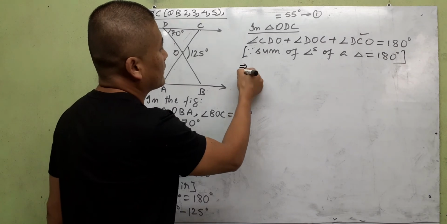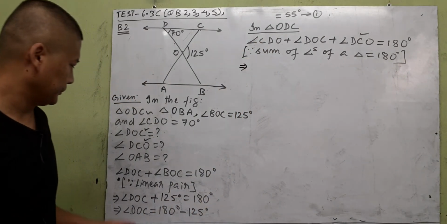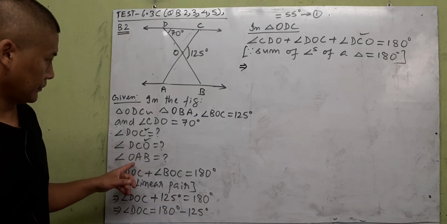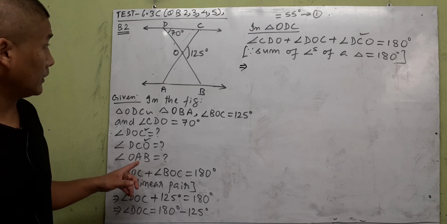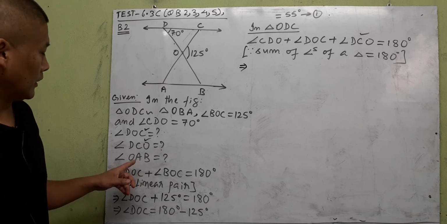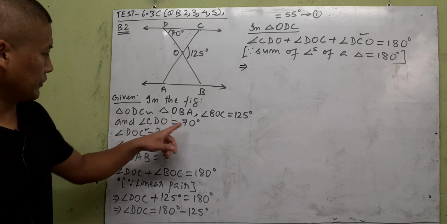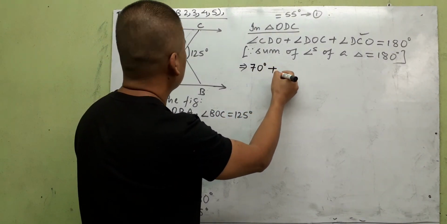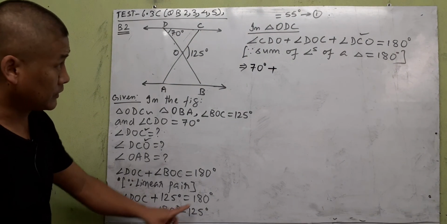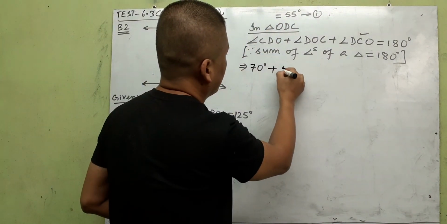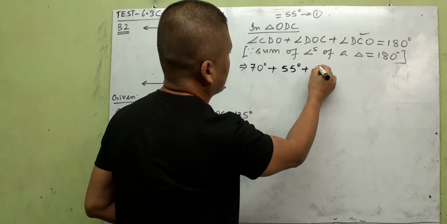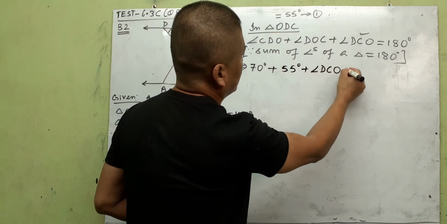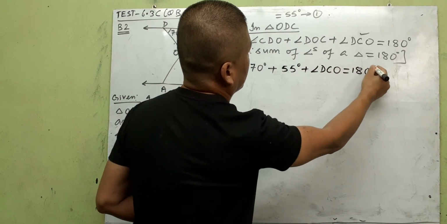So that implies CDO, which is already given as 70 degree in the question itself, DOC, which we just got here as 55 degree, plus DCO equals 180 degree.